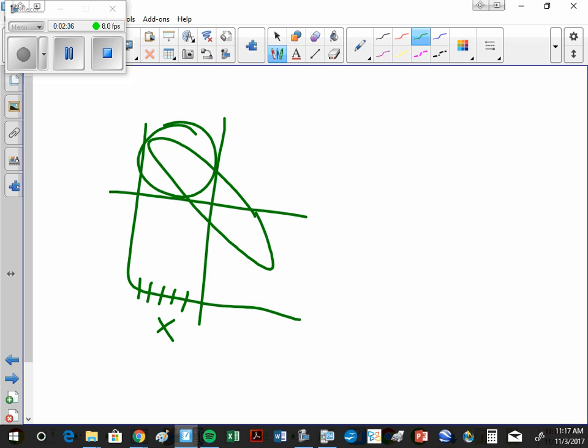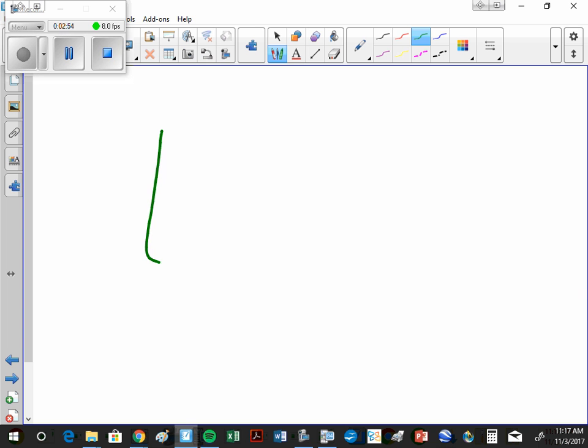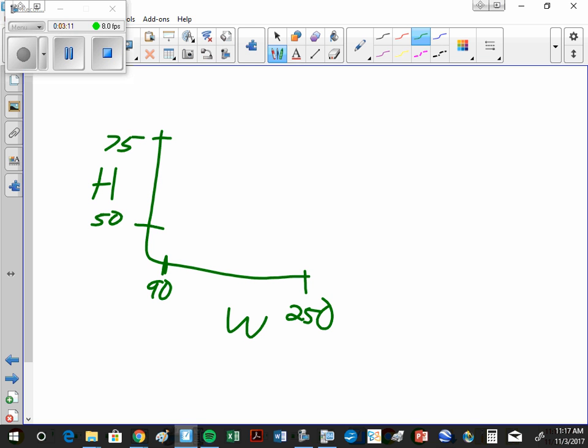So if everybody's wingspan is just a little bit lower than their height, would be positive. But what if we did height and weight? Well, let's do it. We'd have to do it the other way around. So if I graphed weight and height, where am I going to start on the weights? Like 90 pounds maybe? 90 up to maybe 250. And my heights are going to go from 50 to 75.